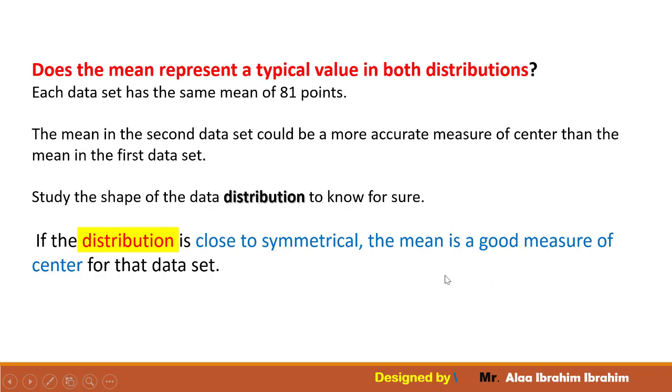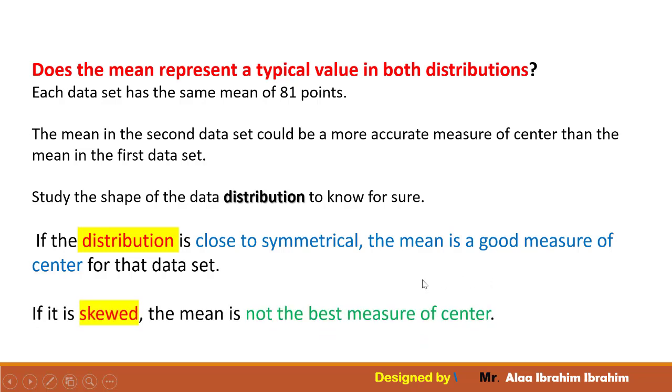If it is something different, if it is skewed to the right or left, the mean is not the best measure. So I try to make it symmetrical, which is better. The best choice is always the symmetrical one, not the skewed one. You have to choose close to symmetrical or symmetrical directly.